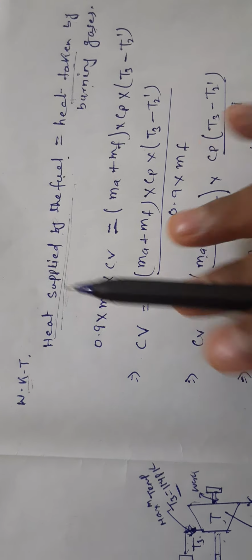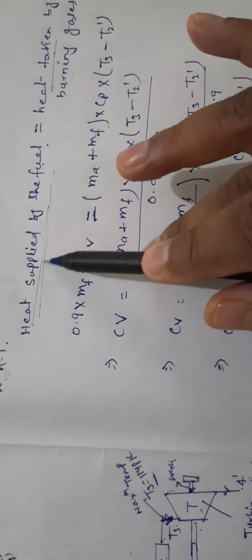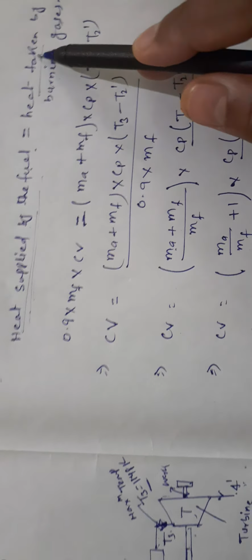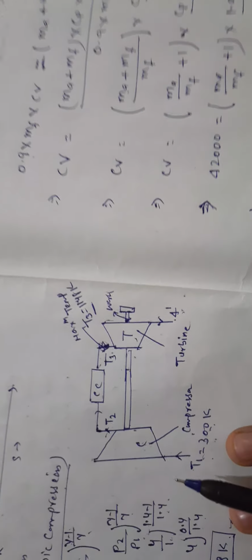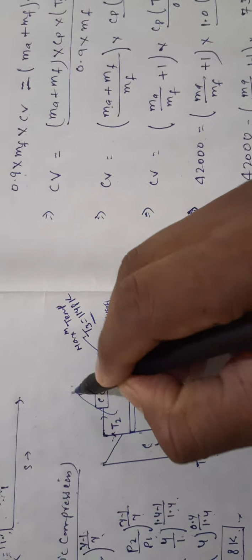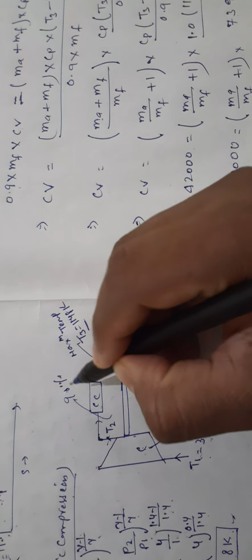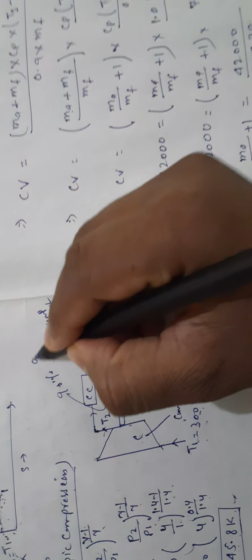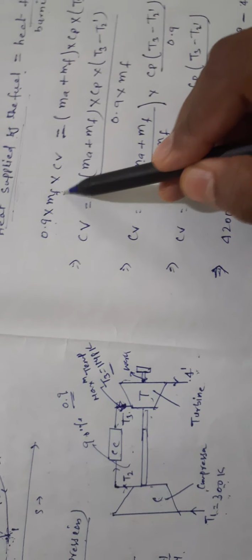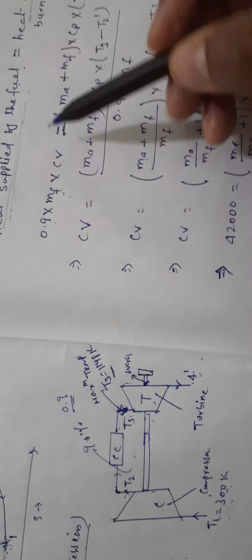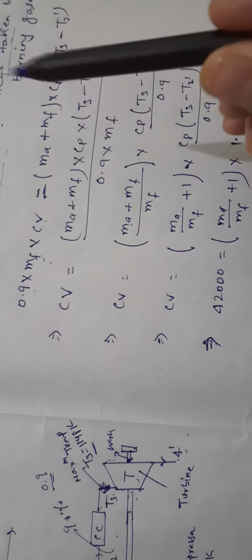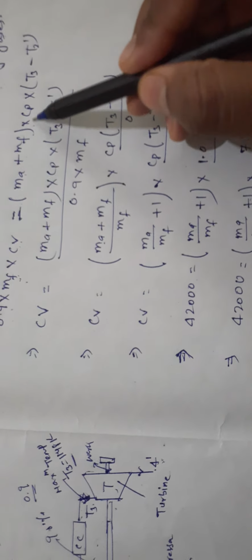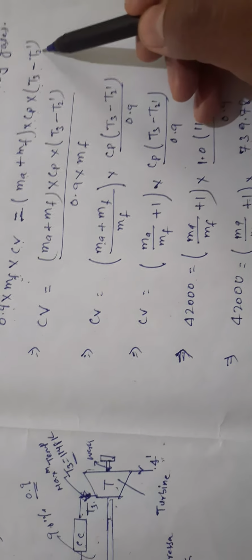The heat supplied by the fuel is 0.9 times mf, because there is a 90% efficiency in the combustion chamber, where mf is the mass of fuel, times the calorific value. This is equal to the heat taken by the burning gas, which is (mass of air plus mass of fuel) into Cp into (T3 minus T2 dash).